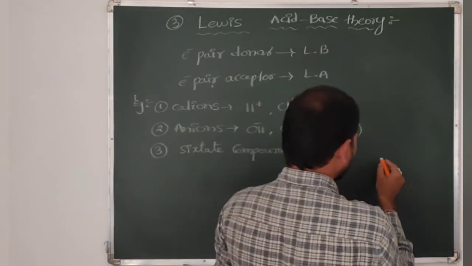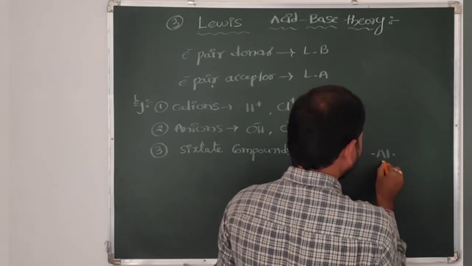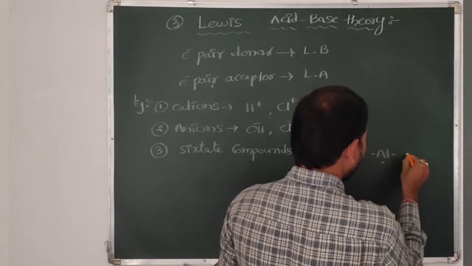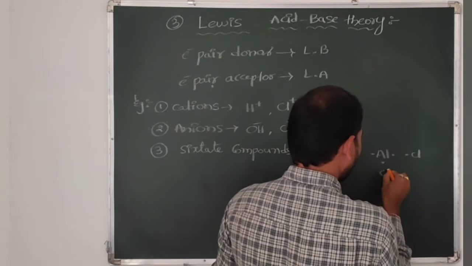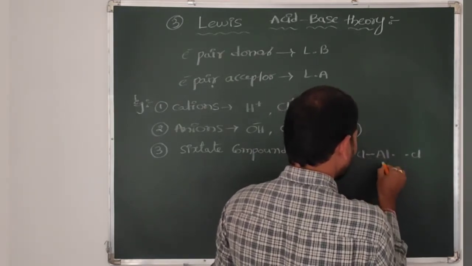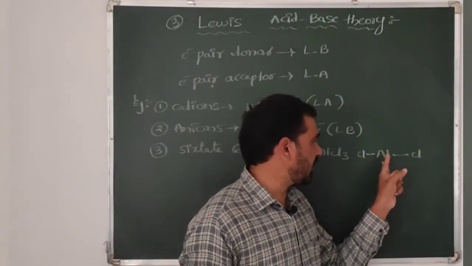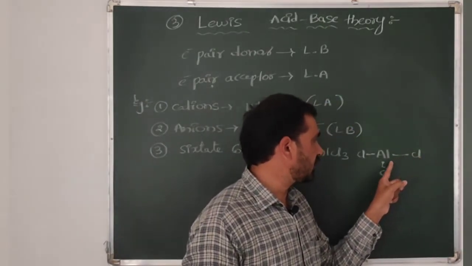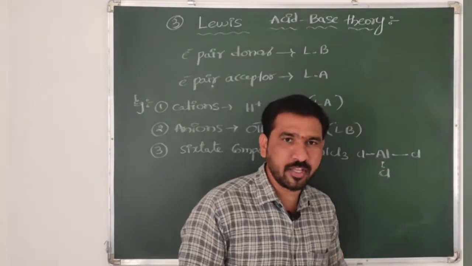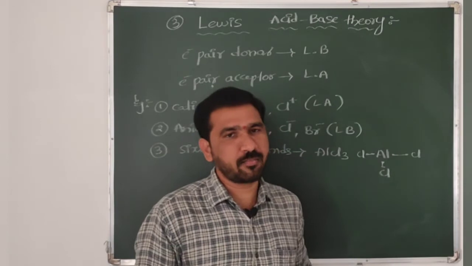AlCl3. In this, the central atom aluminium has 3 valence electrons, being in group 13, and the surrounding atoms are chlorine. So electrons are shared like this. After sharing electrons between aluminium and chlorine, there are 3 bonds around aluminium, each bond made of 2 electrons, 1 pair.